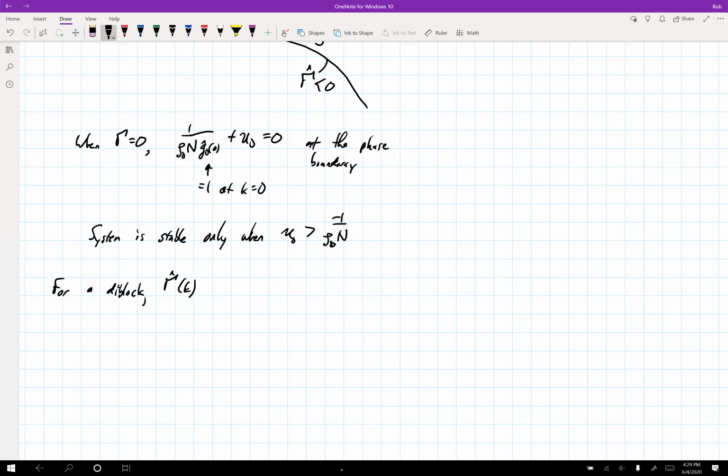But for a diblock copolymer, what you find is that gamma hat is non-monotonic in k, right? And what you end up finding is that the system actually goes unstable at a finite value of k.